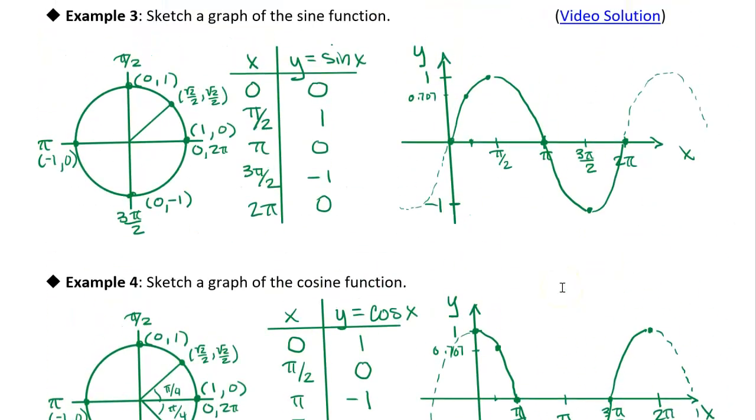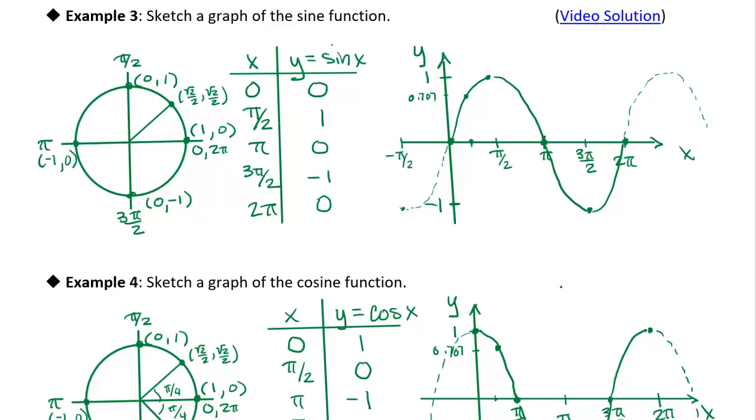If you look at, again, I didn't draw it, but down here at say negative pi over 2, you can see that the sine of pi over 2 is positive 1, and the sine of a negative pi over 2 is negative 1.